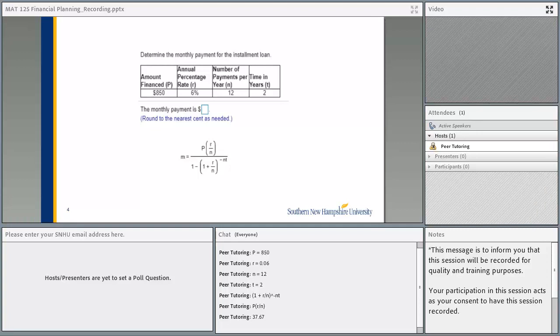We financed $850, and we are financing this over 2 years. So what you want to do is just make sure that that 37.67, multiply that by 24 months, and it's about $904.08. So that makes sense to me because it's definitely over the 850, but not too much. And so that's covering the annual percentage rate at which you will be charged.